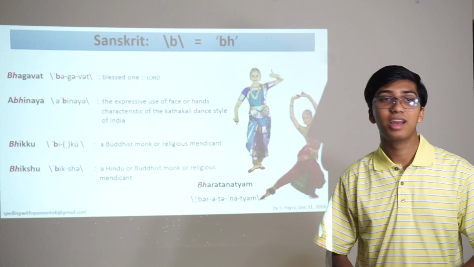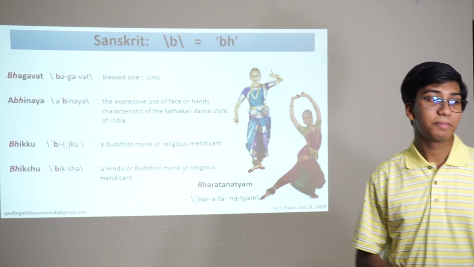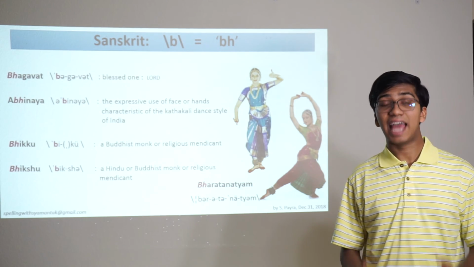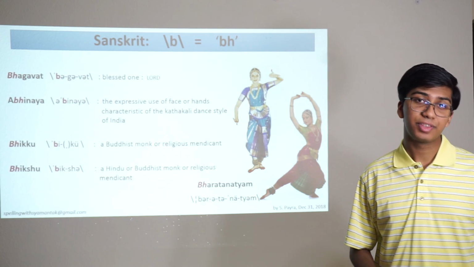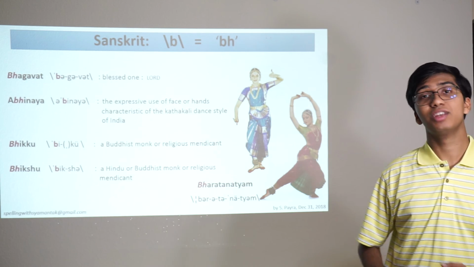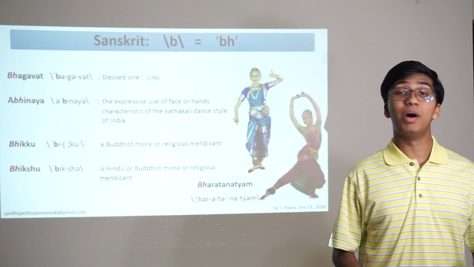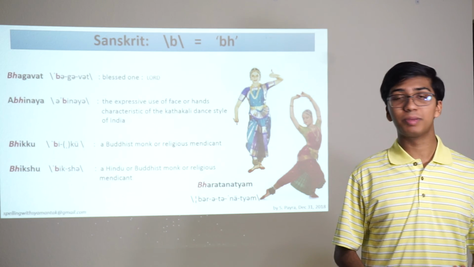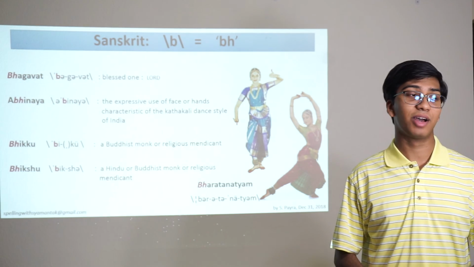Okay. Let's move on. And then once you get to the consonants, the B sound in Sanskrit is going to be spelled with a BH. That's usually because when they're pronounced in original Sanskrit, you'd be able to hear the BH. For example, Bhagavat would probably be pronounced something like Bhagavat, where you have a B sound.